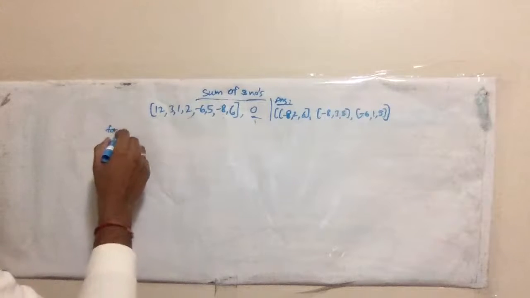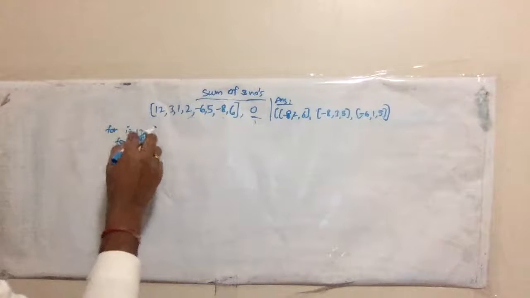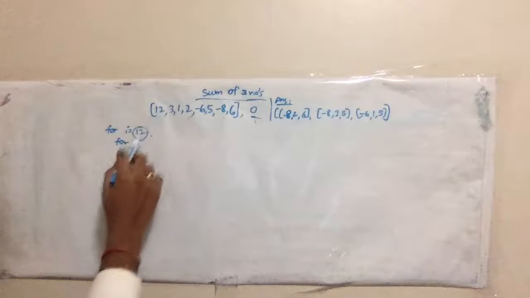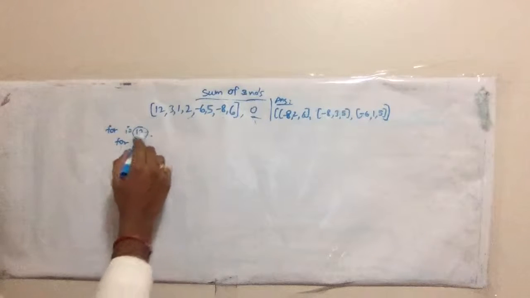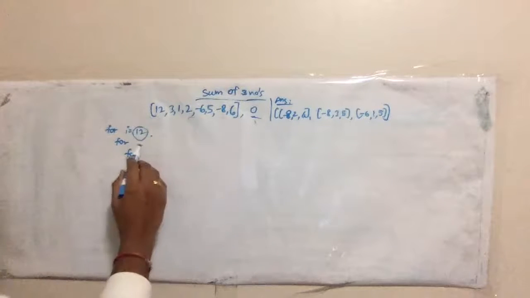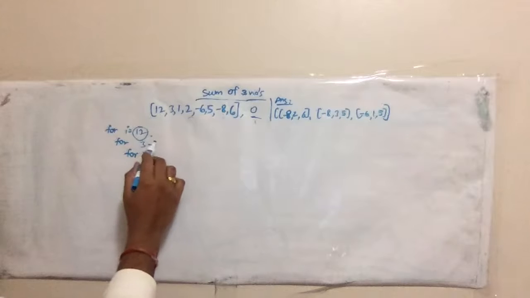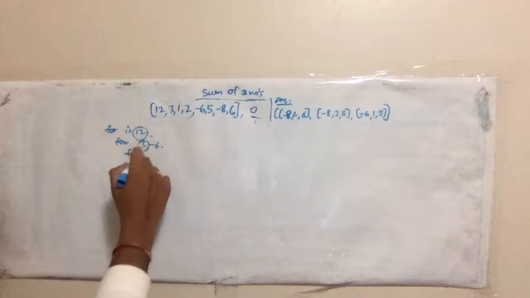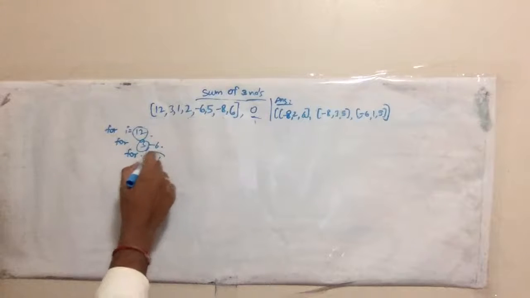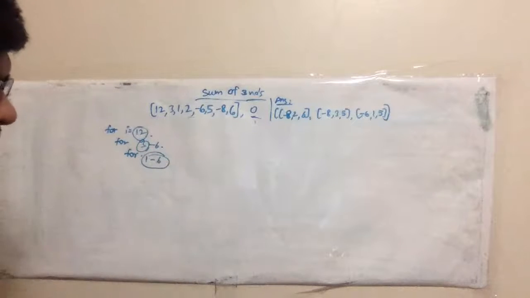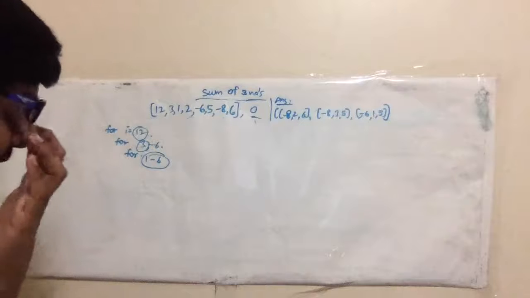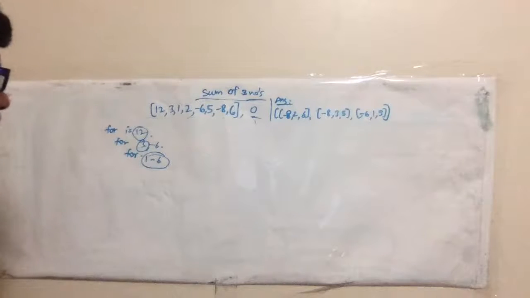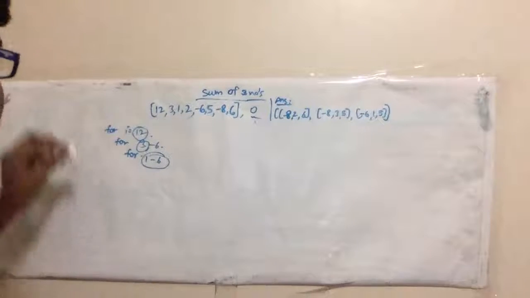We can check I equal to the first one, and the second for loop over the remaining numbers, and after choosing 3, say for example, we go to 1 to 6, choose any of these numbers and check every combination whether the sum is making 0 or not.